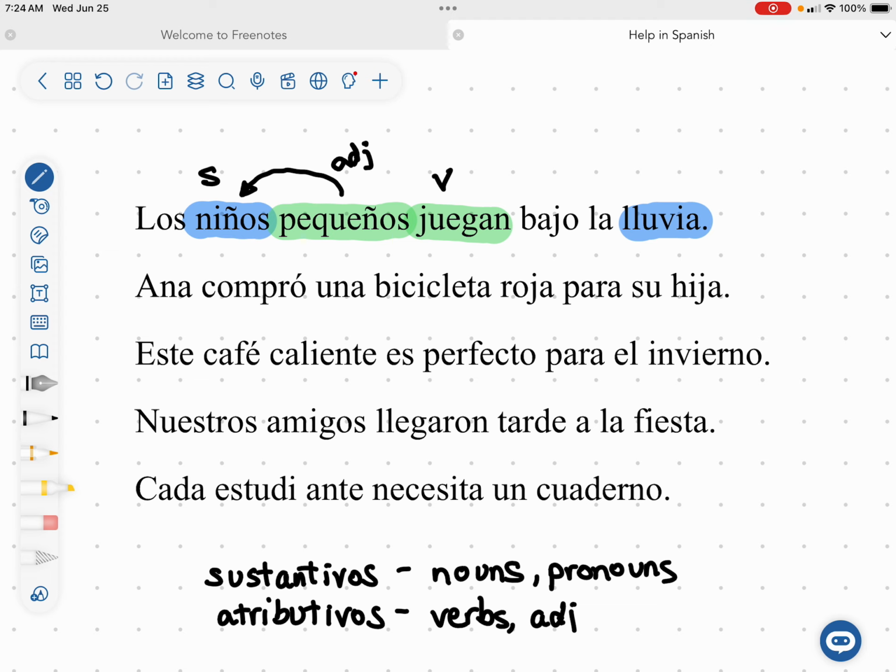In this case, we have two nouns and a verb: niños, lluvia, juegan. If we have a word like lluvia, we need to figure out what it relates to. In this case, in the rain or under the rain. That's where they're playing. So here, lluvia describes this verb.